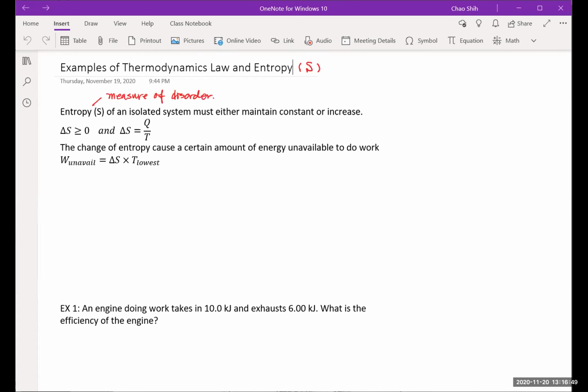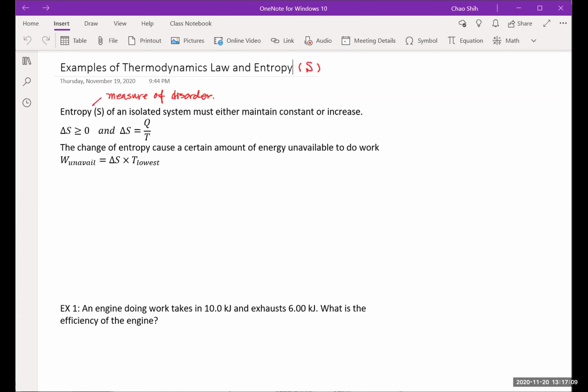And what do we mean by disorder? If you have more variety of things that can happen in the same situation, that means it's more disorder. If you have more space to move around, that is a disorder as well.